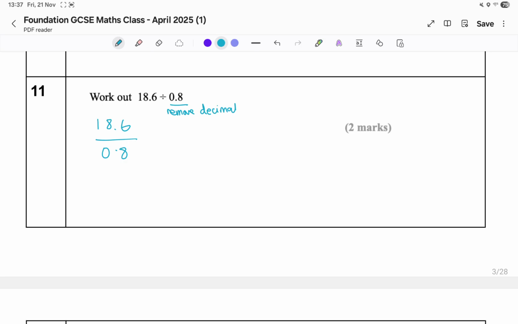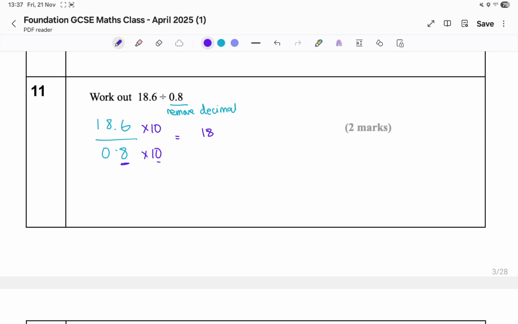I want to get rid of the decimal on the bottom. You can only get rid of a decimal on the denominator by timesing it by either 10, 100 or 1,000, depending on how many decimal places it has. This only has 1 decimal place, so therefore I'm going to times both numbers by 10, because the 0 correlates to how many decimal places.